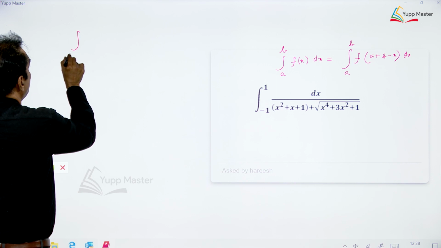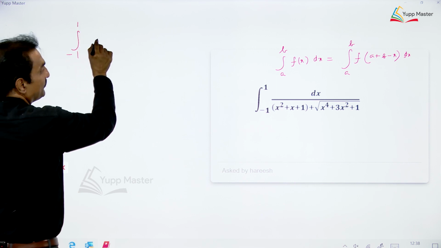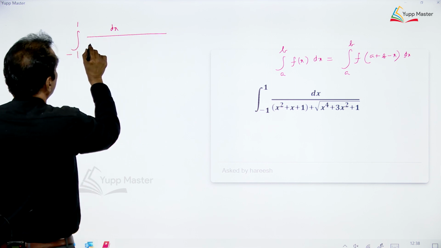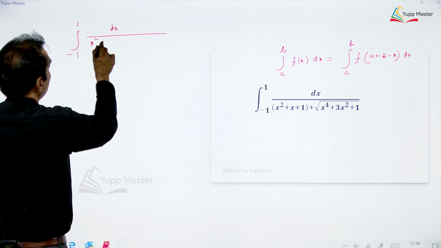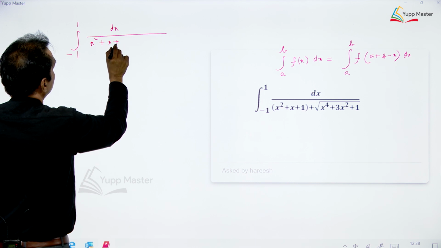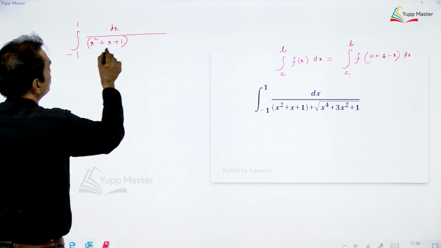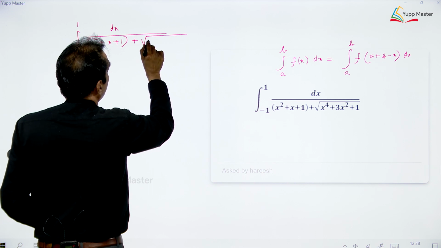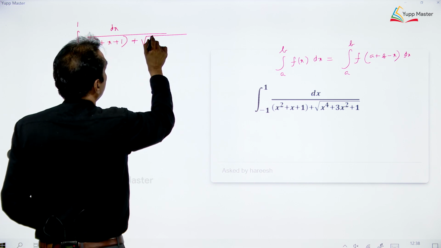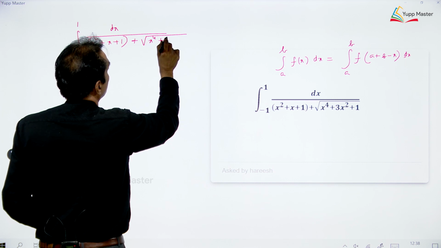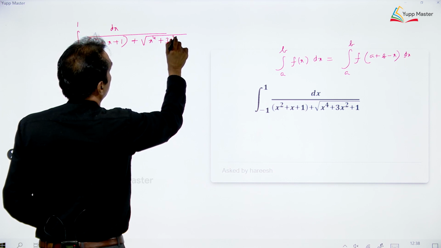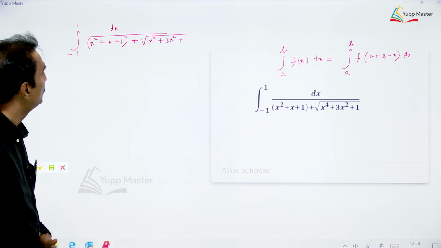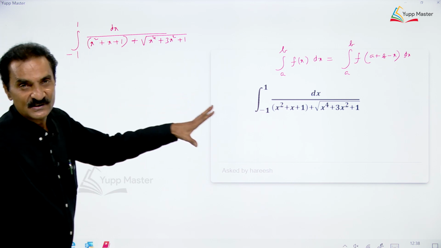Integral minus 1 to 1 dx by x square plus x plus 1 plus root over x power 4 plus 3x square plus 1. Two things I explained.